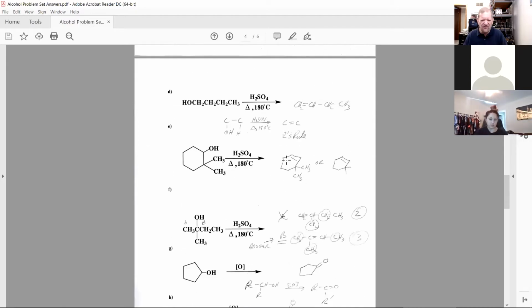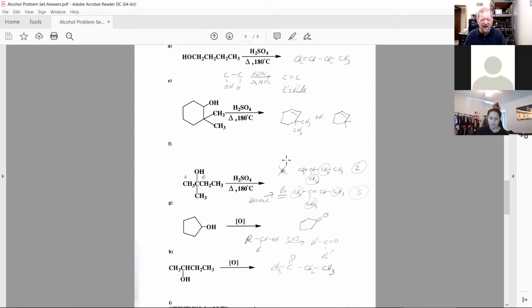All right, let's go to something a little more complex, and that's D, E, and F. That's dehydration of an alcohol with sulfuric acid. Dehydration means you lose water, H2O.